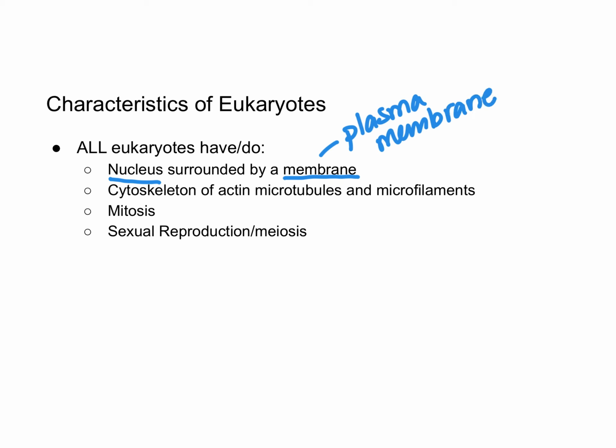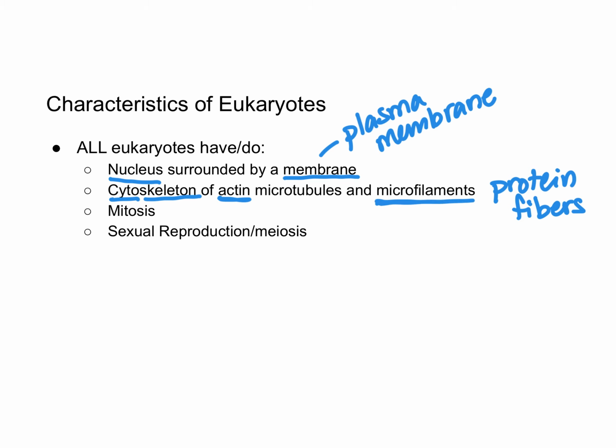Eukaryotic cells also have a cytoskeleton, and so cyto means cell, and skeleton, think of the skeleton of your body. So these are essentially protein fibers that are found inside the cell. More specifically, these protein fibers are made up of actin, which is just a type of protein, and microfilaments.